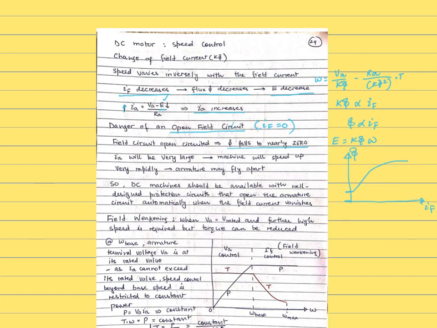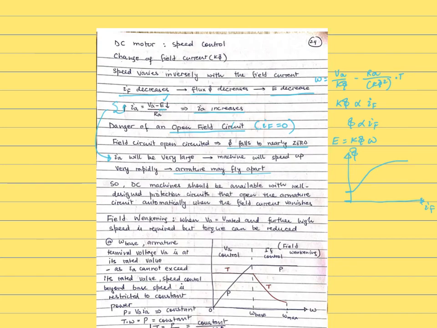So phi falls to nearly 0, and IA, as we saw, becomes very high, the machine will speed up very rapidly, and the armature may fly apart. IA is the armature current; the more the armature current, the machine sees it is loaded more, so it runs faster. So the DC machine should be provided with well-designed protection circuits that open the armature circuit automatically when the field current becomes 0.